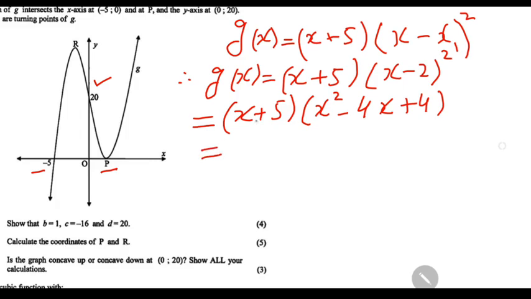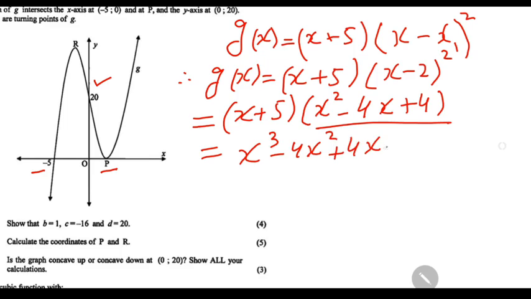I'm going to multiply x plus 5 into this x square minus 4x plus 4. So the answer is therefore x power 3 minus 4x square plus 4x.